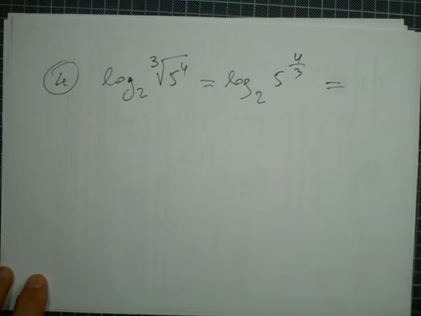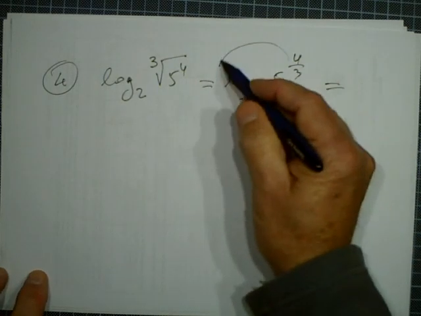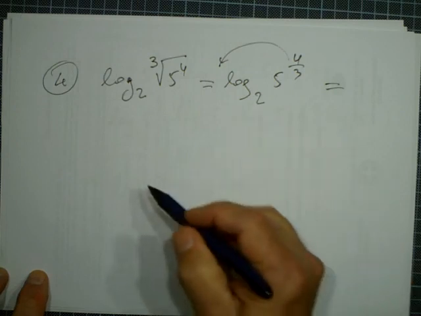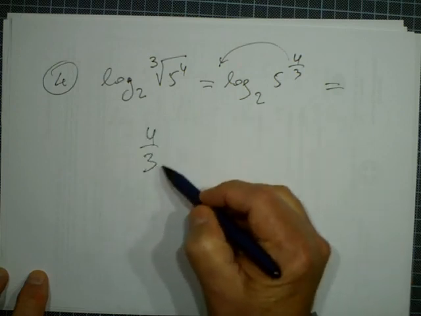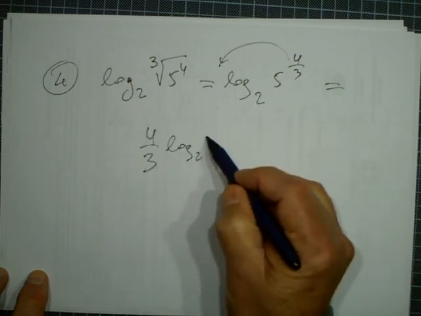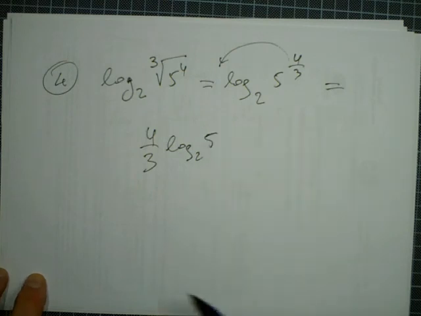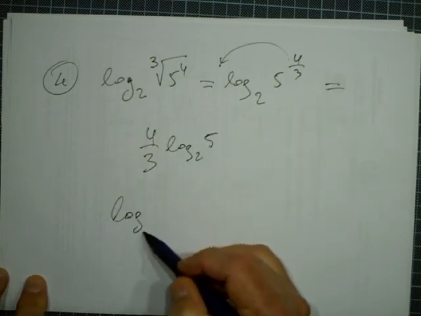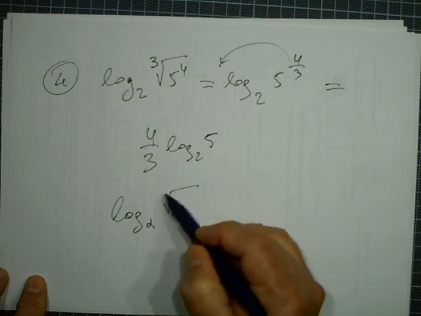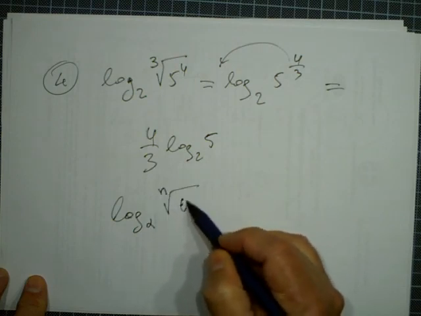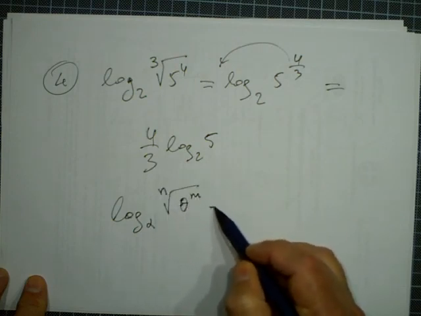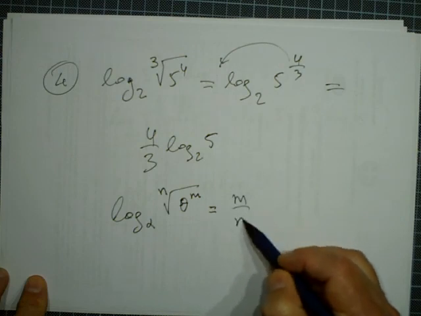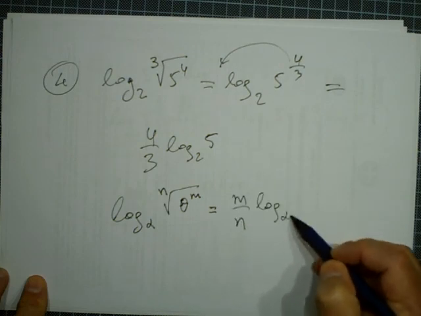So this number, as we saw earlier, goes before the logarithm. So we have 4 over 3 times log 2 of 5. So the general law is this: the nth root of theta to the power of m becomes m over n times log a of theta.